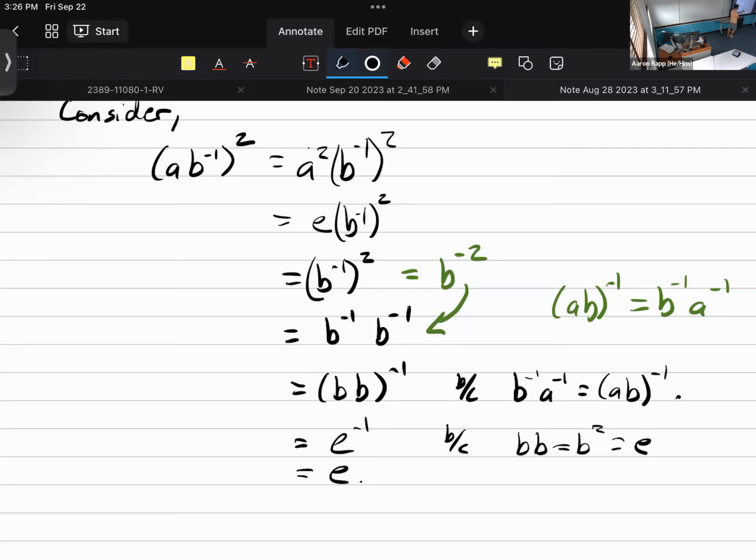So I was able to consider A times B inverse quantity squared through a string of equalities. I showed that it's just equal to what element? Identity element. So does that satisfy the property of being in the set H? Yes, it does.